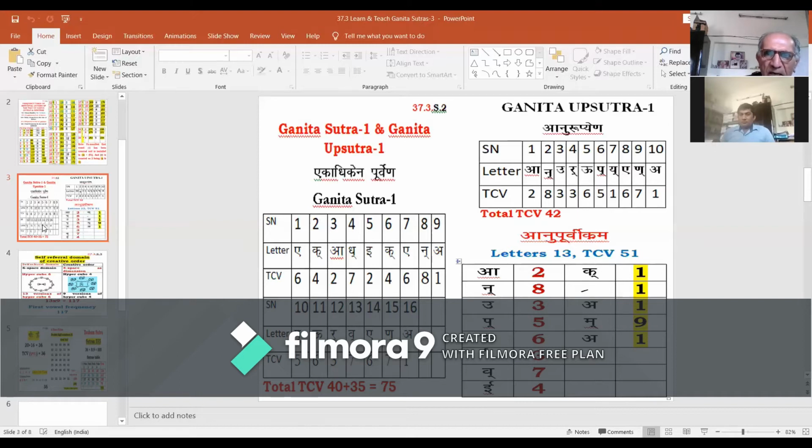Today, we are focusing upon how Upsutra 1 following Ganita Sutra 1 bridges the gap and provides a smooth transition from Ganita Sutra 1 to Ganita Sutra 2.